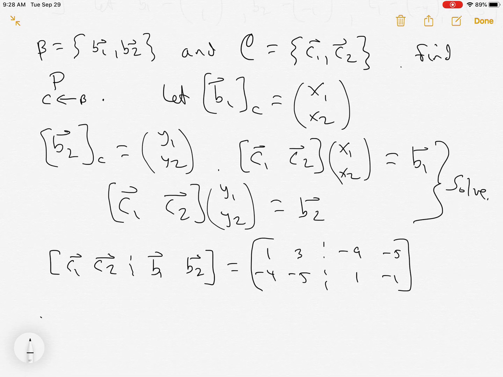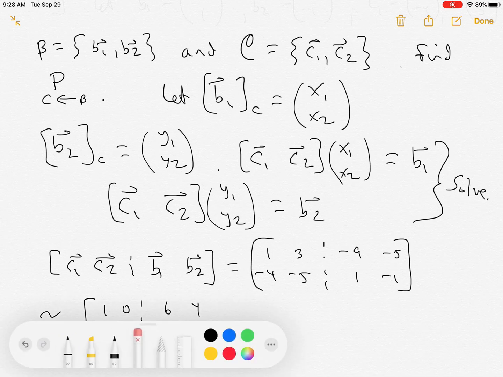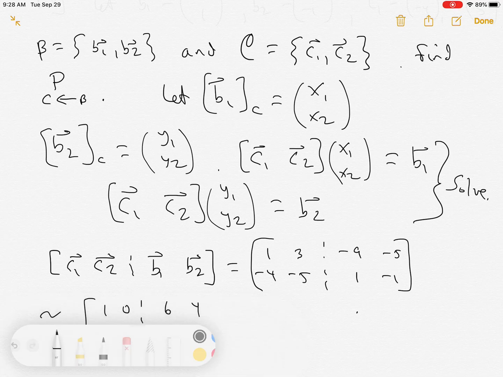Row reduce this thing. 1, 0, 0, 1, 6, 4, minus 5, minus 3.